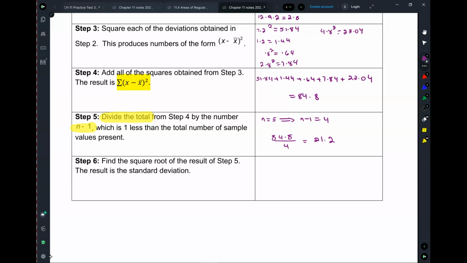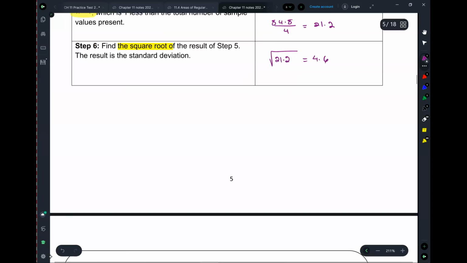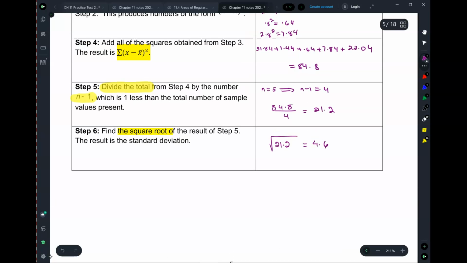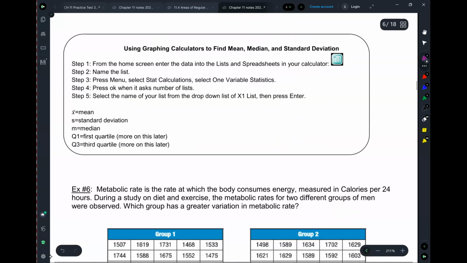And finally, we have to take the square root of this, and that's the last step. 4.6. Okay. Now, let's see how you do it.